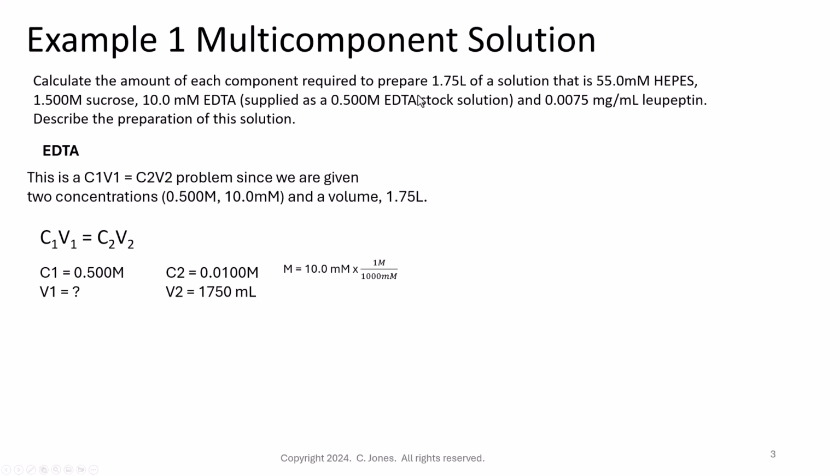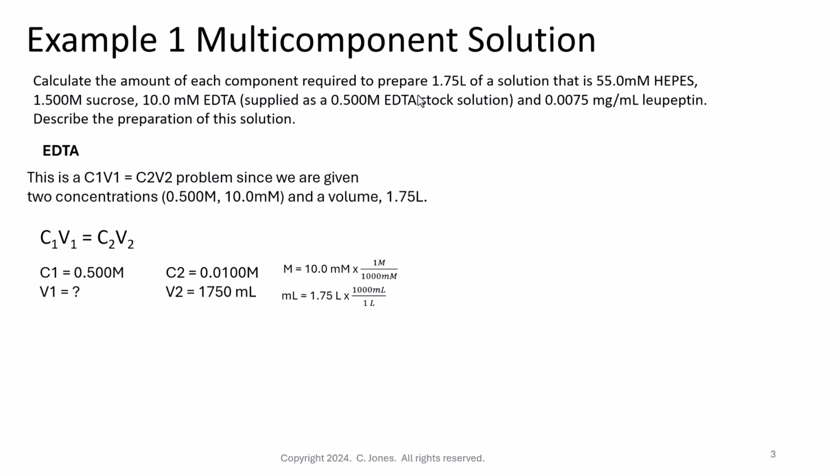And then it said to prepare 1.75 liters. And I have converted the 1.75 liters into milliliters because I know that the EDTA is provided as a solution. So we're going to be measuring a volume, and our volumetric measuring devices in the lab are calibrated in milliliters. So we might as well do the conversion right up front.